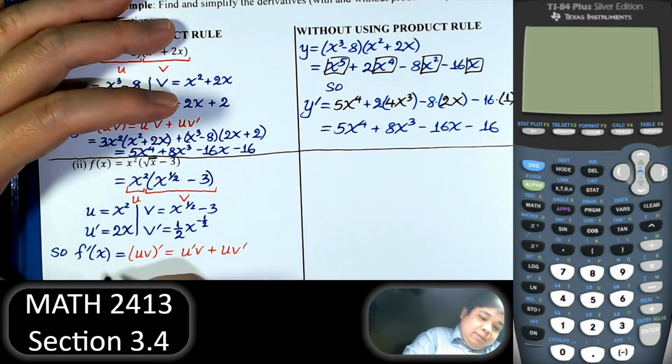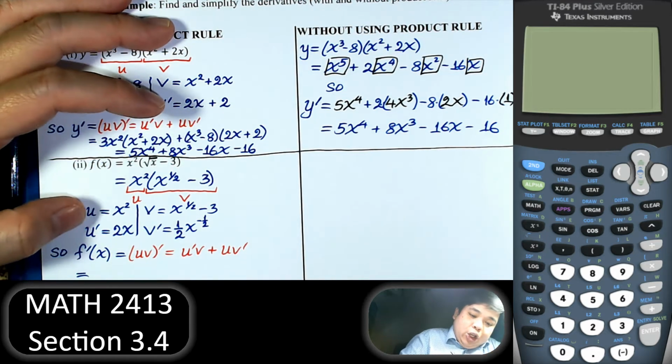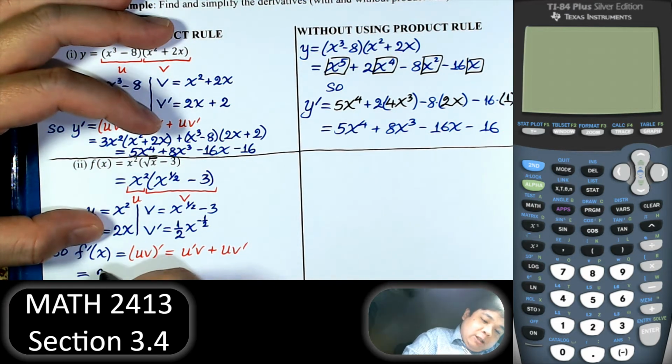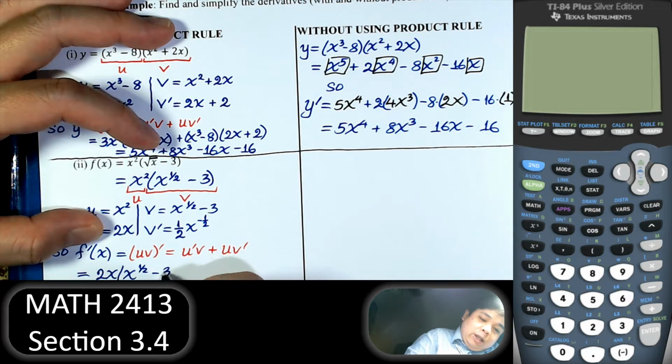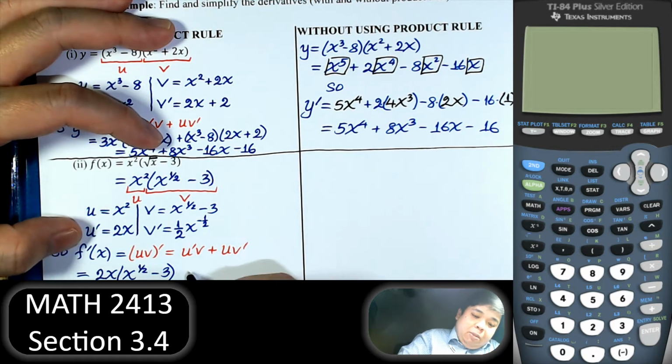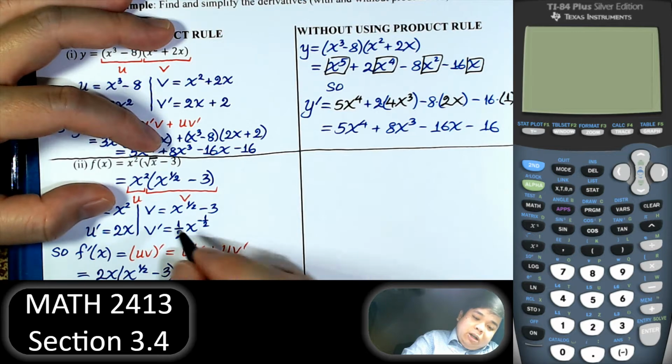So u prime times v, which is x to the 1/2 minus 3, plus u times v prime, x squared times v prime, will be this.